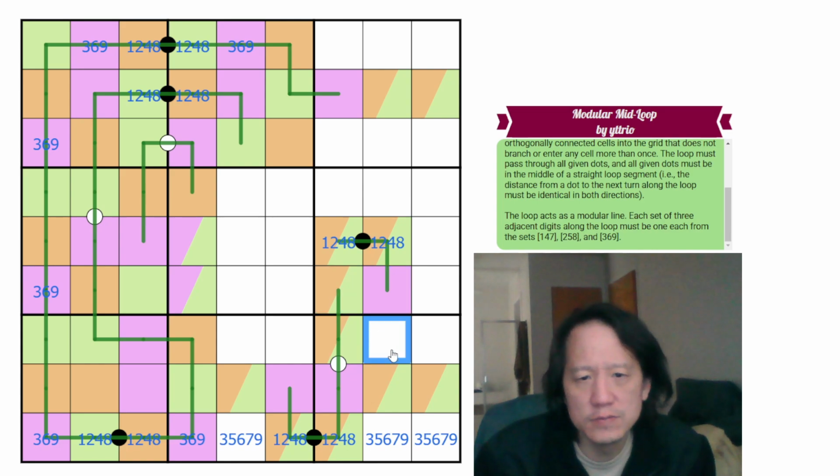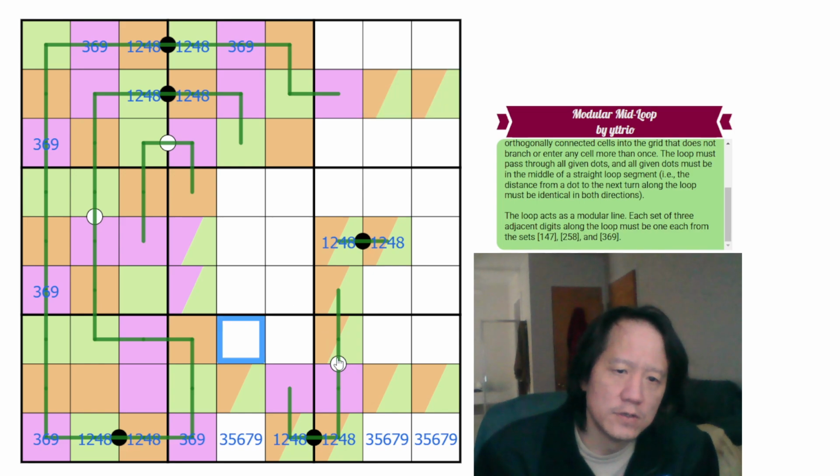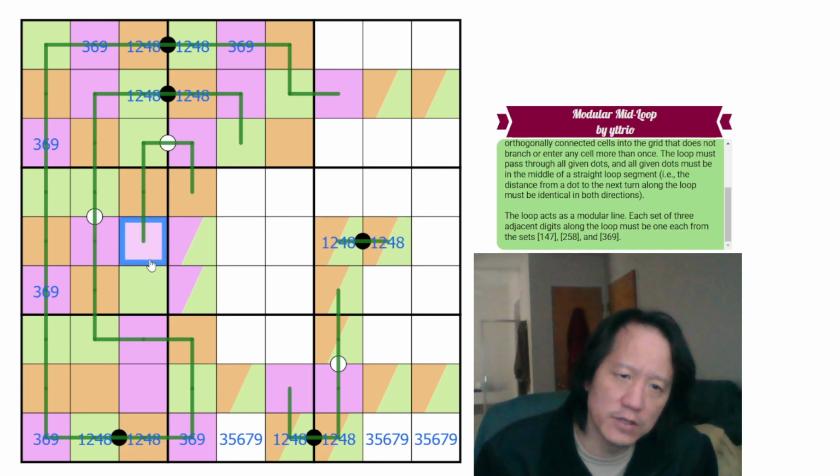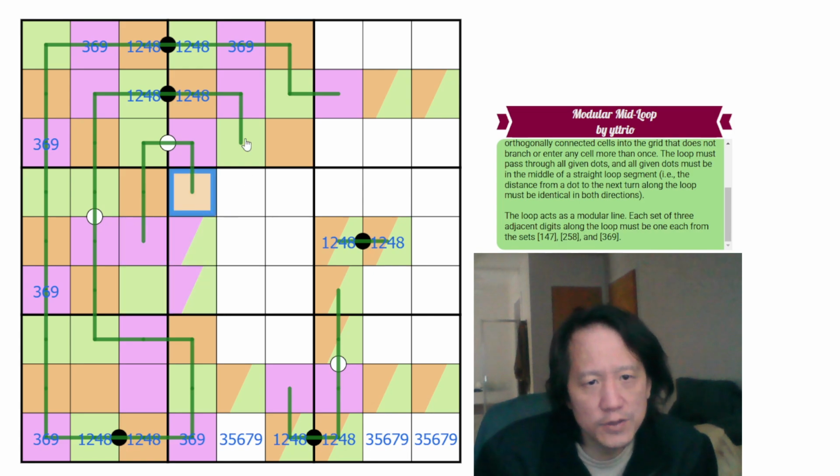Interesting. Okay, where does this connect to? Okay, this connects to this part here.